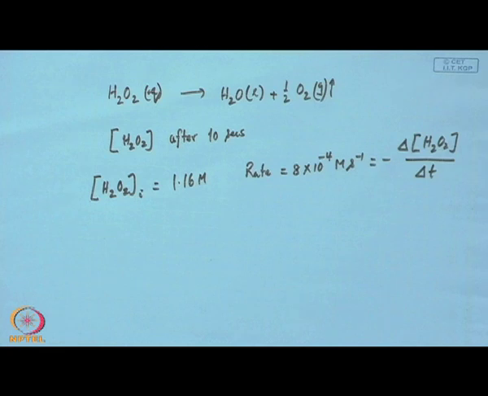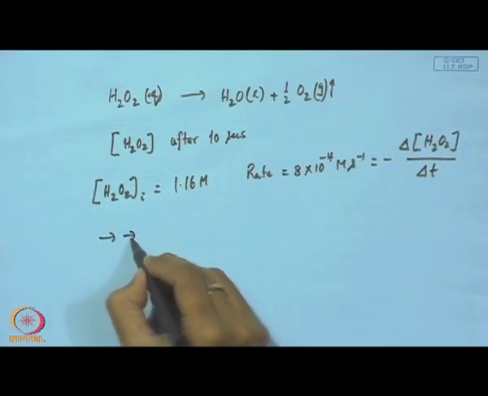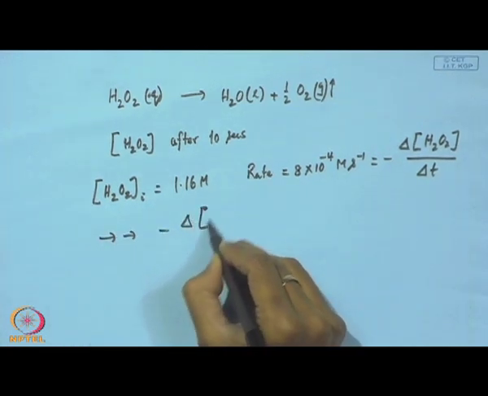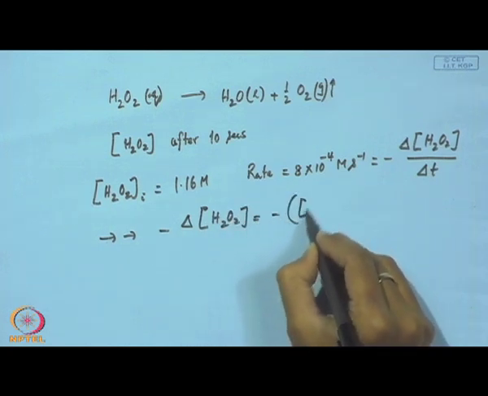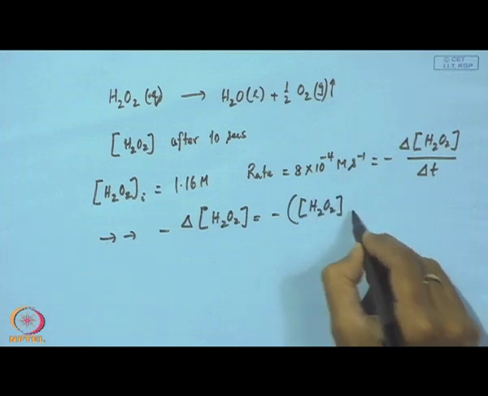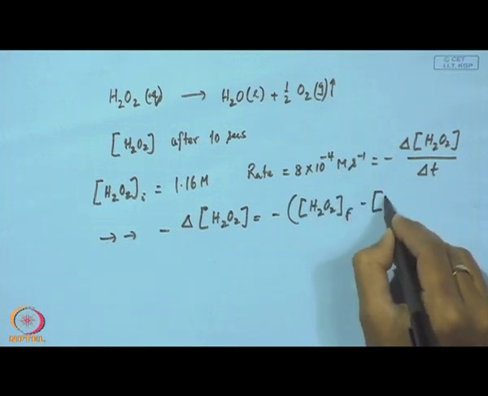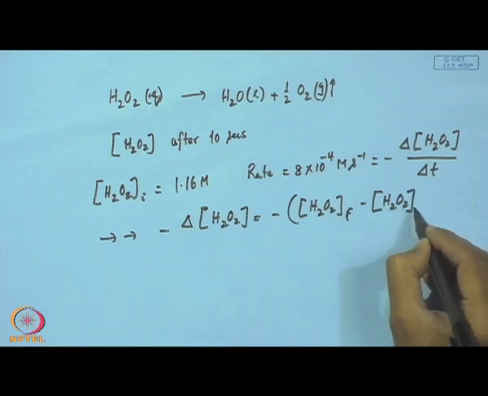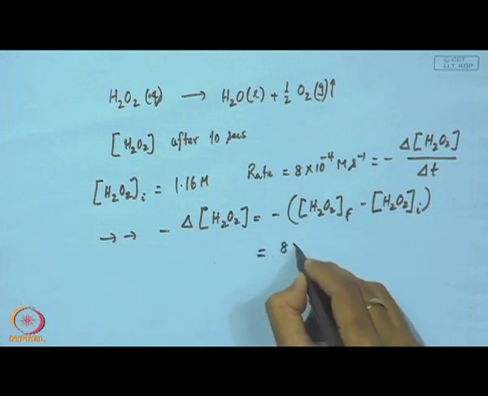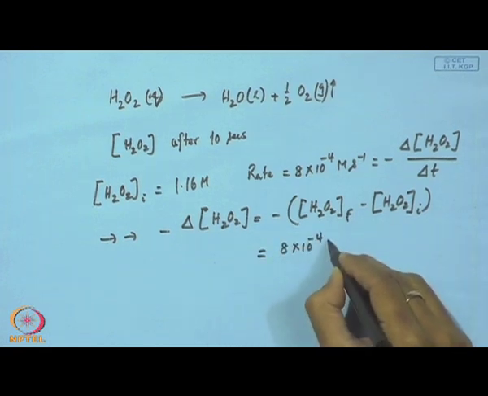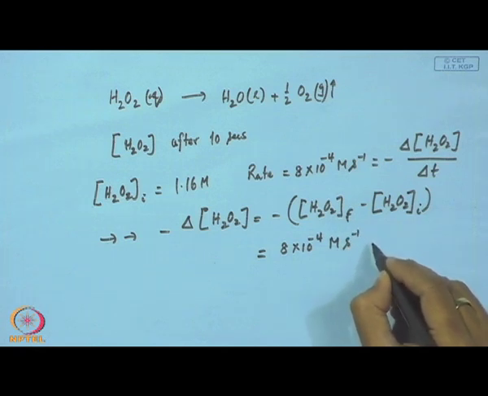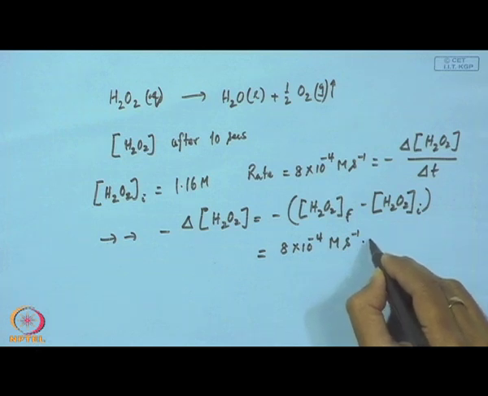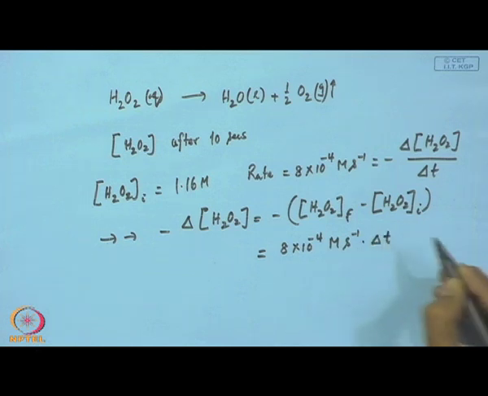So, we can write minus of delta [H2O2] is equal to minus of ([H2O2] final minus [H2O2] initial), which is equal to 8 × 10^-4 mole second inverse into delta t.